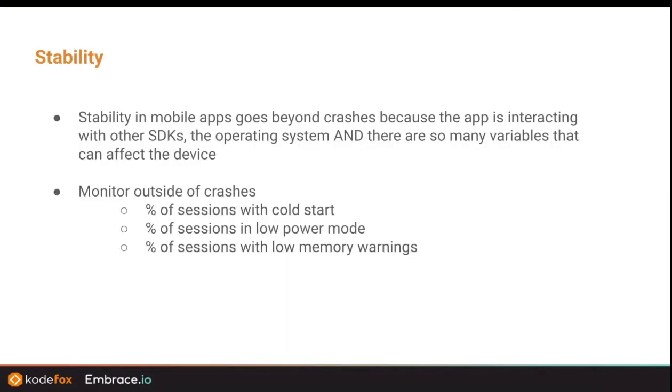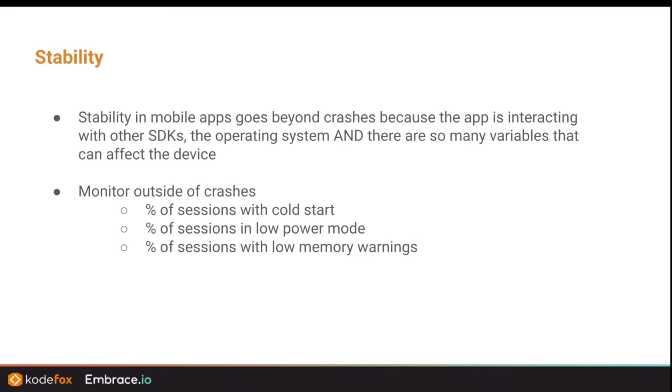So stability, most people start off with the crash-free rate, crash-free users. It's a great metric, but stability in mobile goes beyond crashes because your mobile app is not only interacting with other SDKs that you've put in your app, but it's also operating within an operating system.